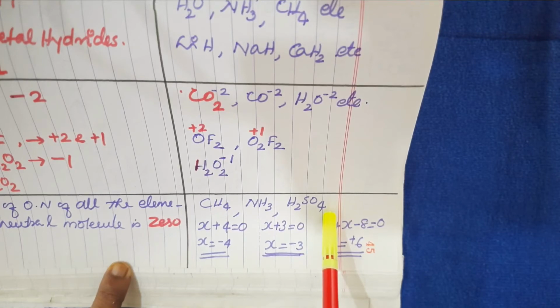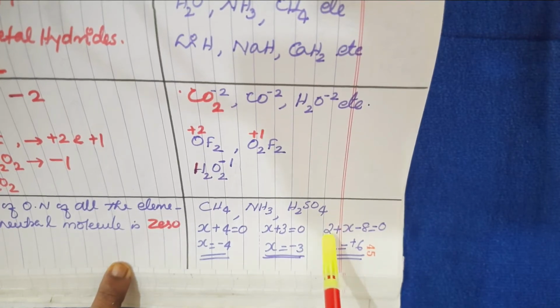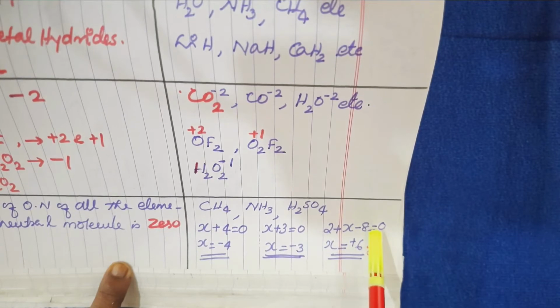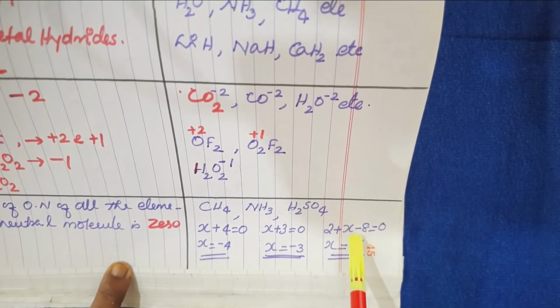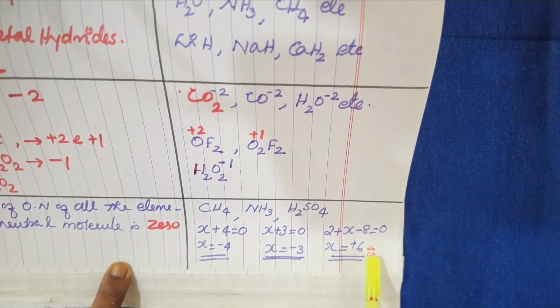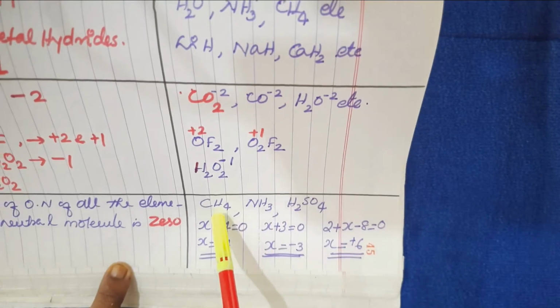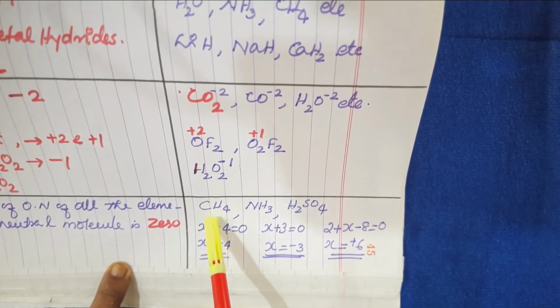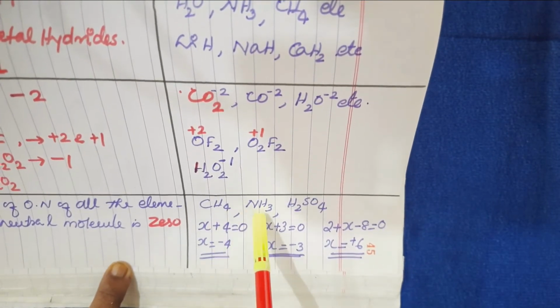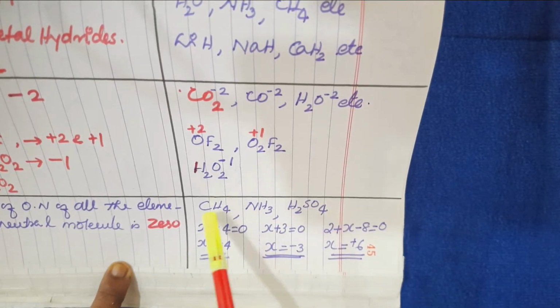Therefore, -2 into 4, -8. Now, the sum of these oxidation numbers, that is 2 plus X plus -8 equals 0. Therefore, X equals +6. Here it is very clear that the sum of oxidation numbers of all the elements in a neutral molecule is equal to 0.